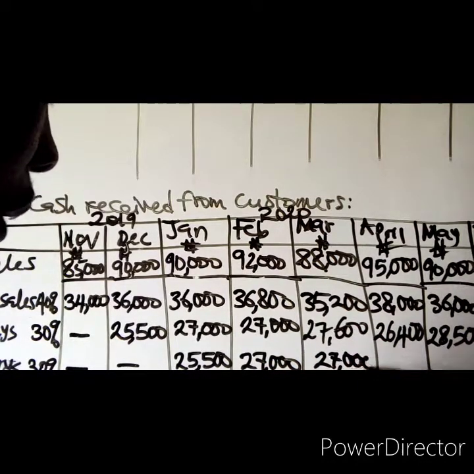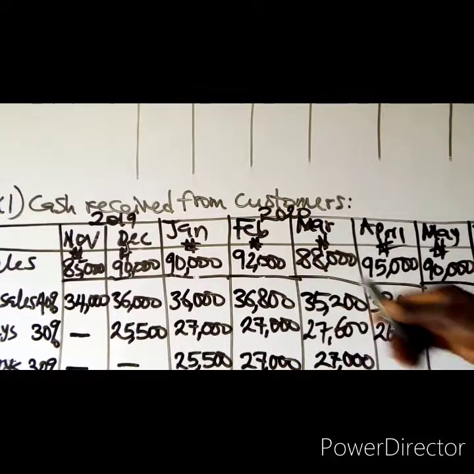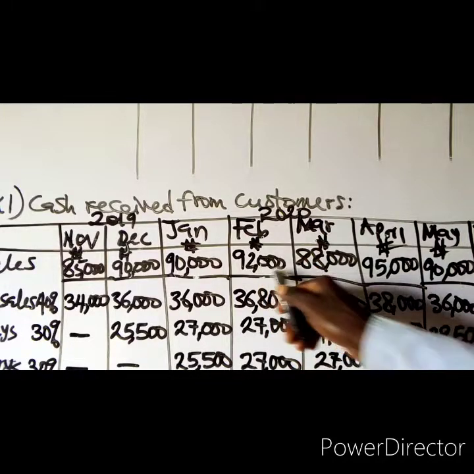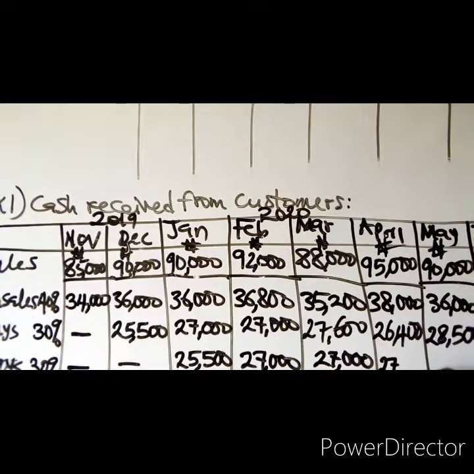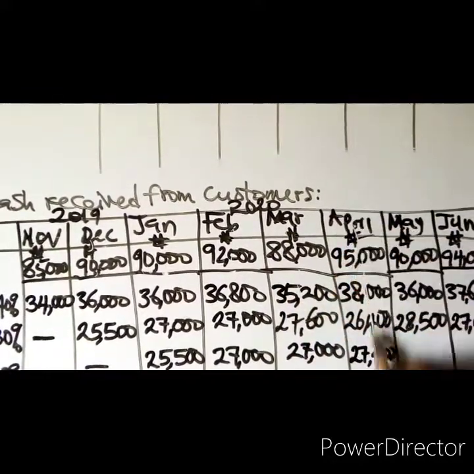So we have 27,000. The sales that was made in February 2020, the 60 days after February we have March, April. 60 days after February will be the month of April. So 30% of 92,000 gives us 27,600. That will be received in the month of April. The sales that was made in March, 60 days after March, we have April, May.